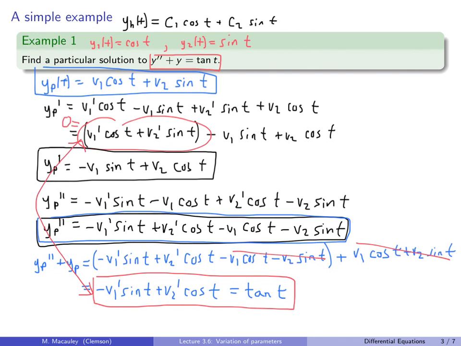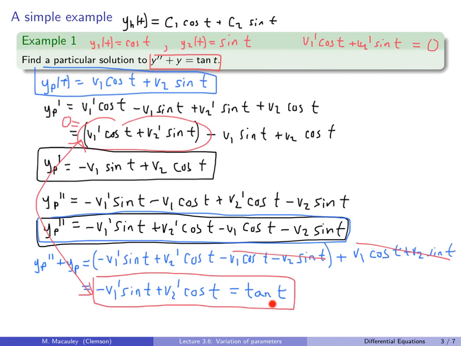So let me write that up here. I'm going to use this area up here. So we have v1 prime cosine of t plus v2 prime sine of t equals 0. That's our first equation from here.